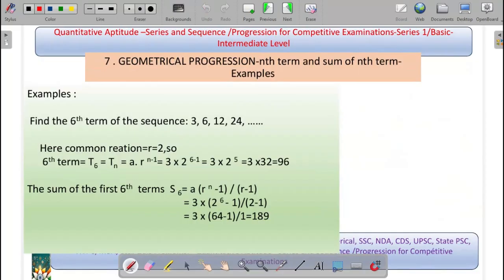Now here they ask to find the sixth term of the sequence 3, 6, 12, and so on. So how will we find the sixth term? Here r is equal to 6 by 3, or 12 by 6, which is 2.